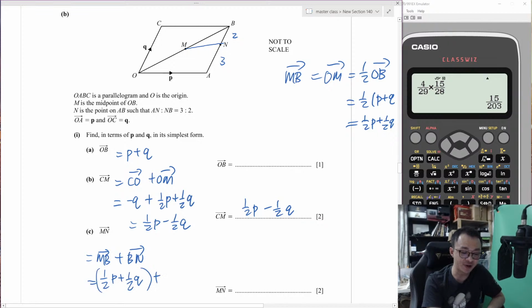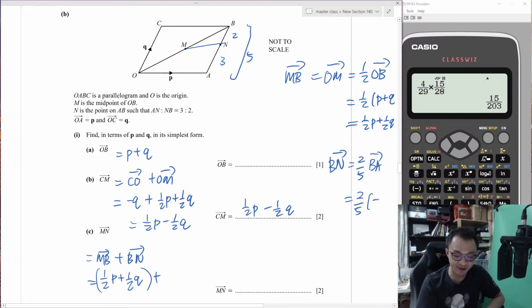Then I want to solve BN. BN is a little bit challenging because it's in the opposite direction. B to N is 2 out of 5, 5 in total, 2 out of 5 of BA. And BA actually is the same vector as CO, so it will be negative Q. So this one is negative 2 over 5Q.